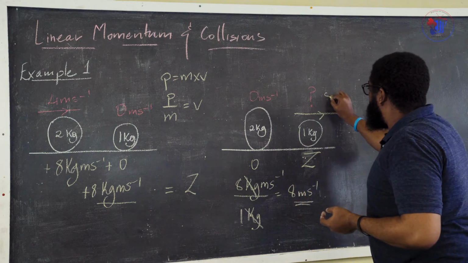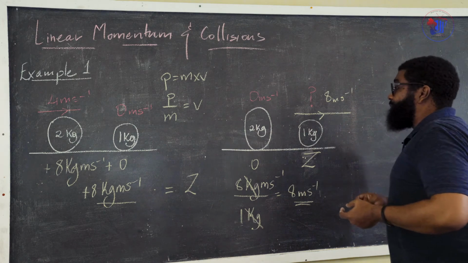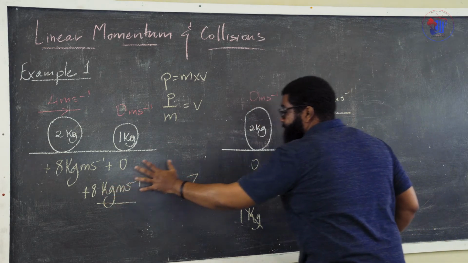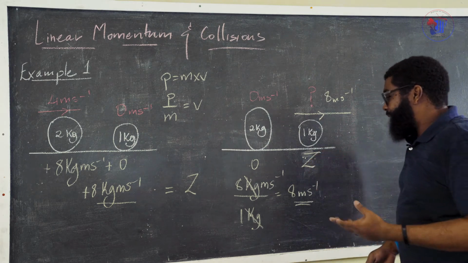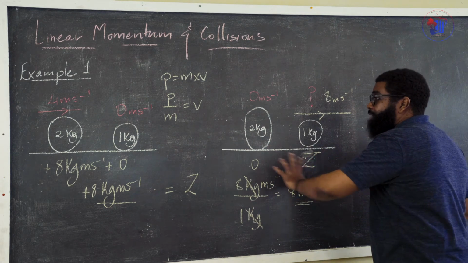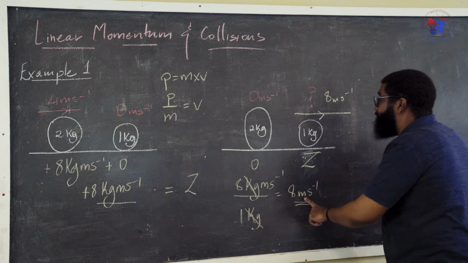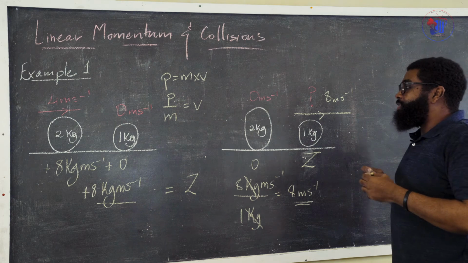So this velocity would be 8 meters per second in that direction. Simple. Total momentum before, total momentum after. This applies because the collision is assumed to be elastic, and we simply rearrange this formula and use it here to get our value of velocity, which is 8 meters per second. And this is our first example.